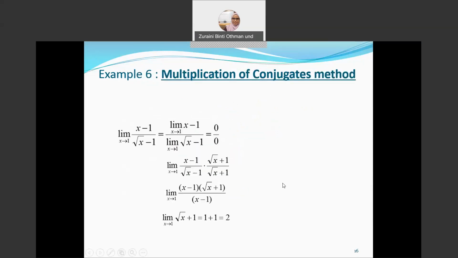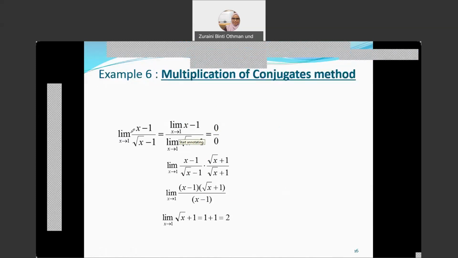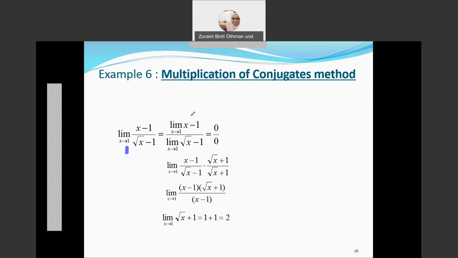Okay, the second is multiplication of conjugate method. Like the previous example, first we do direct substitution, which is our x here is 1, right? So we direct substitution x yang dekat upper and lower value of x, then we get 0/0.